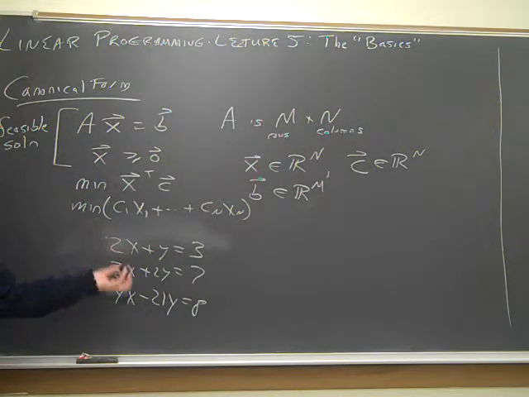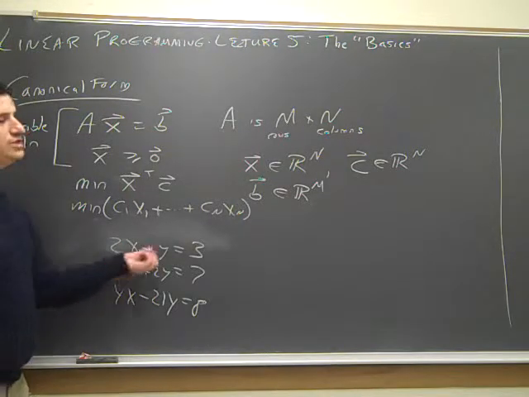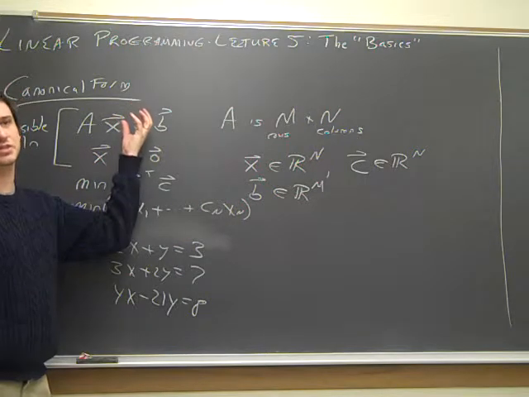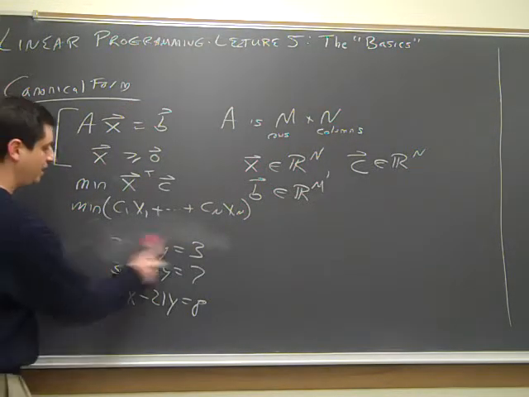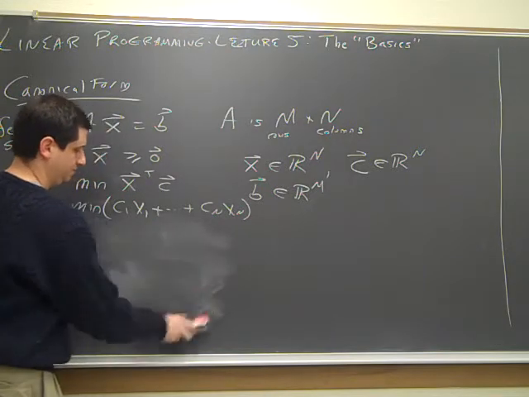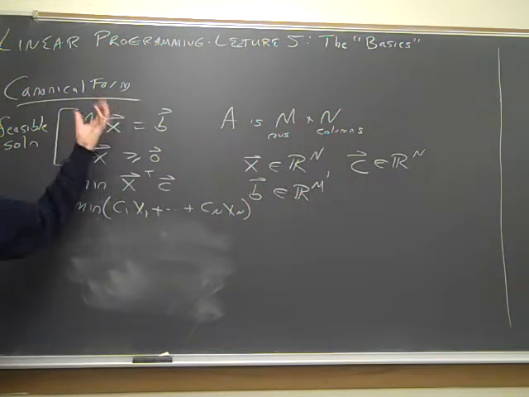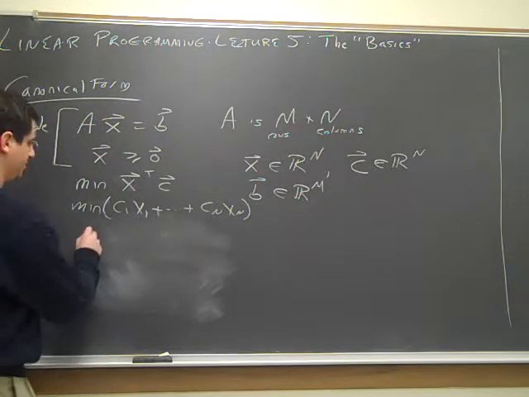We don't expect there to be a solution in a situation like that. So if I have more equations than unknowns, I don't expect anything interesting. So the only chance to have something interesting is if we have an underdetermined system. And then there may or may not be a solution. So we want underdetermined systems.